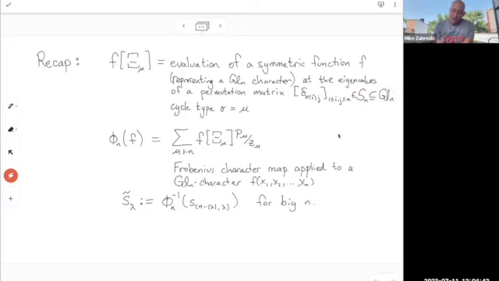If I take a permutation of cycle type mu and ask what its eigenvalues are, they are roots of unity corresponding to the lengths of the cycles.